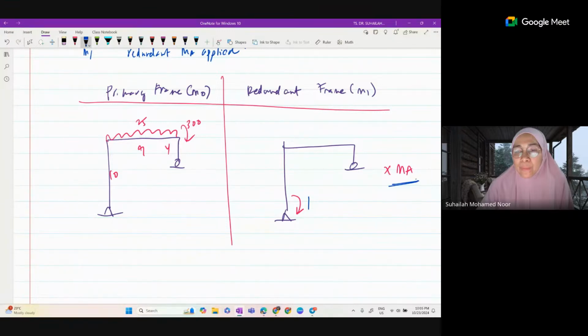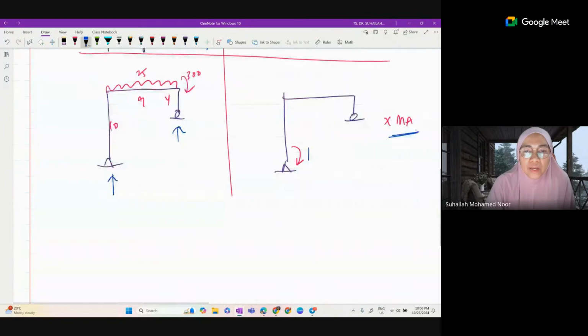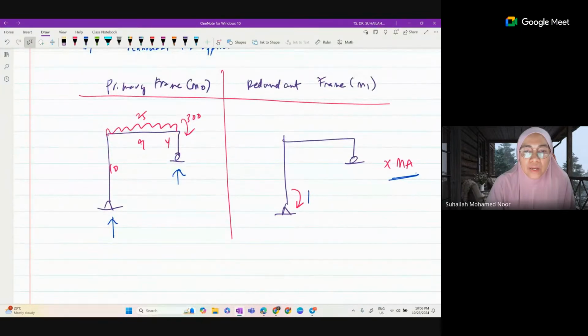Okay, please calculate it now. Please calculate for me the AY value. AX is 0, because there is no horizontal reaction, right? So please calculate for me AY for the primary frame and DY for the primary frame. The same goes for the redundant frame.